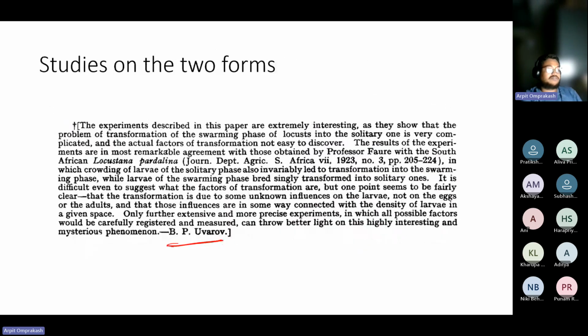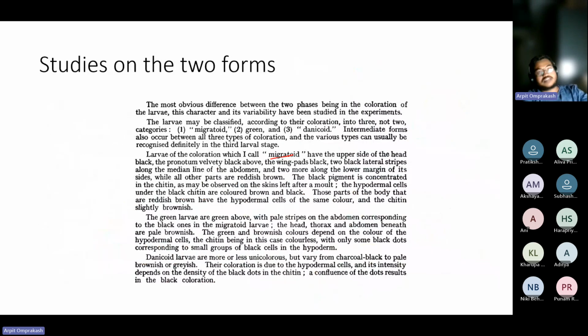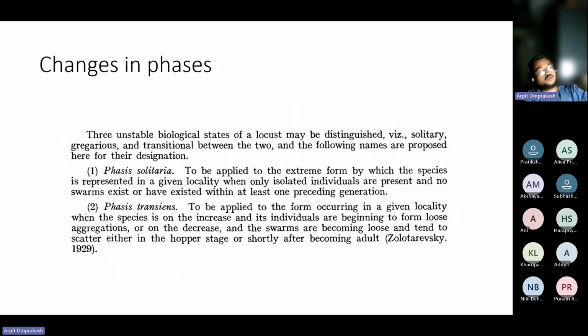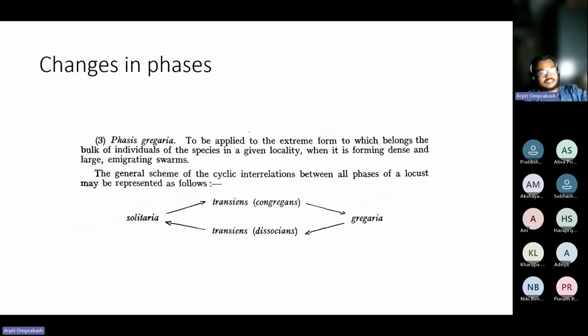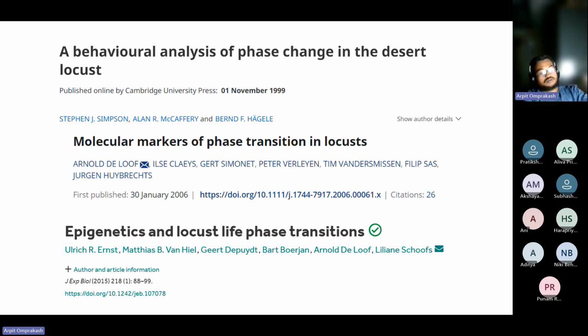So starting from the population, describing the different individuals, then their larvae, the phases of their life, to getting at how these phase changes occur, how the population changes as a whole, describing this vicious circle of formation of swarms, and now working on how these swarms are formed, epigenetically or using molecular markers or behavioral changes.